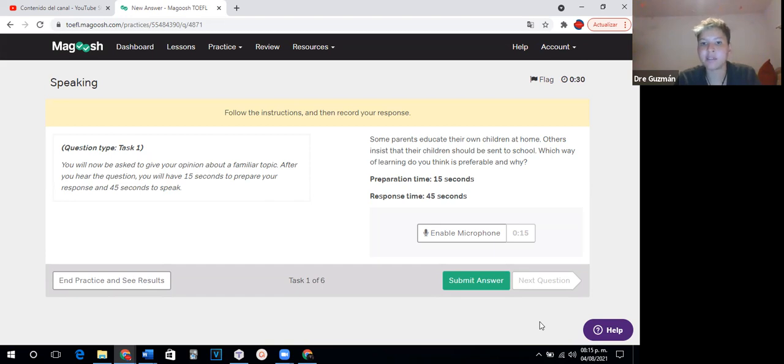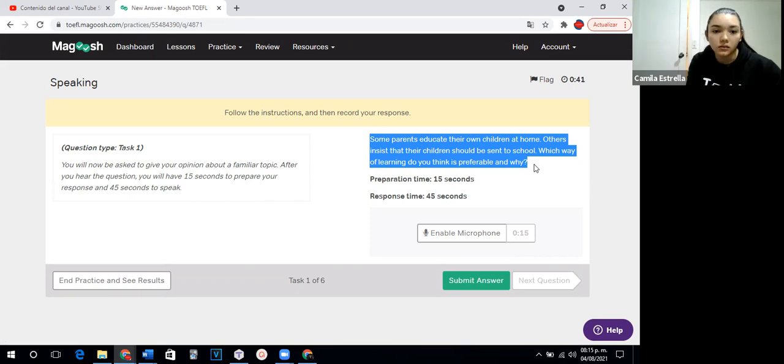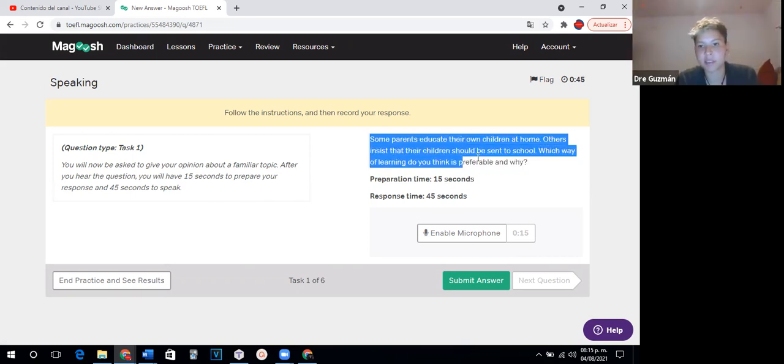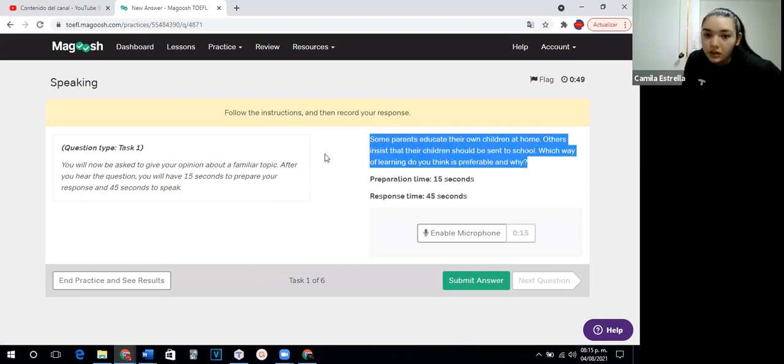Camila, can you please read the first question, please? Of course, on the right or on the left? This highlighted part, just this. Okay. Some parents educate their own children at home.